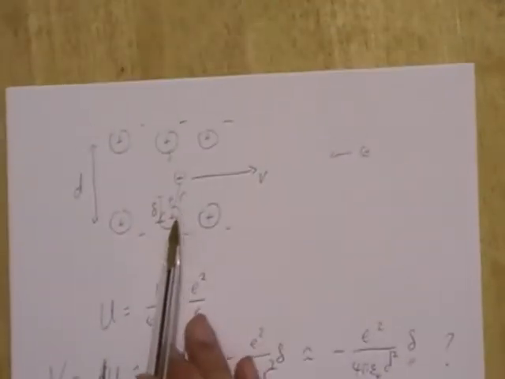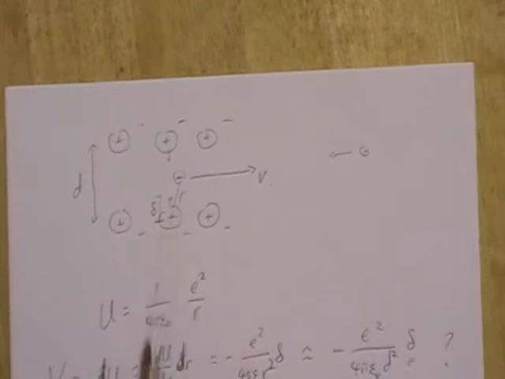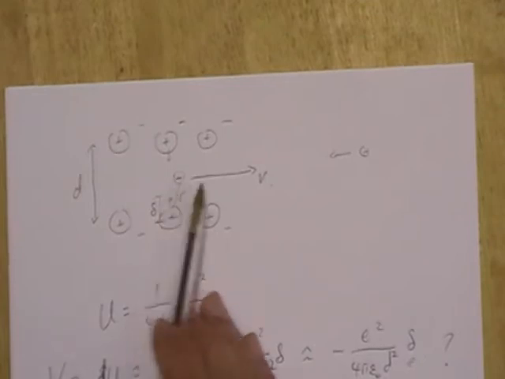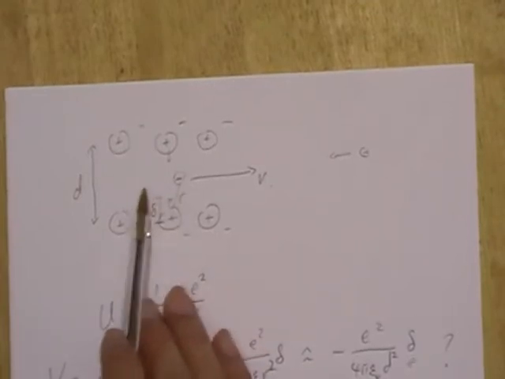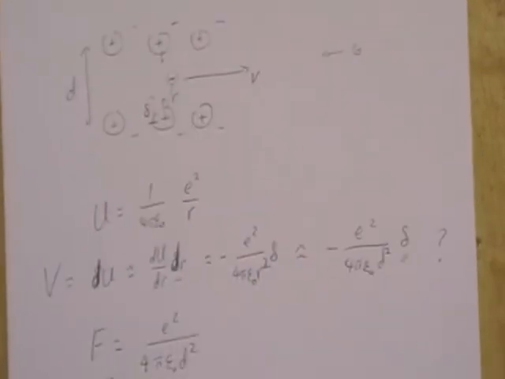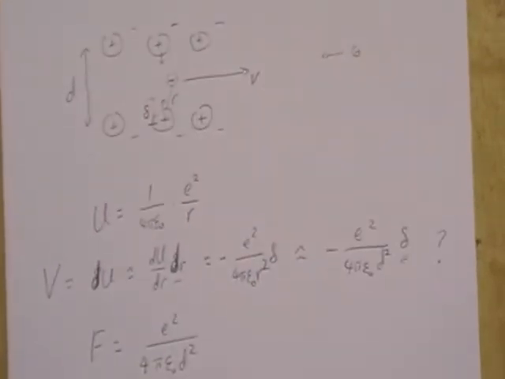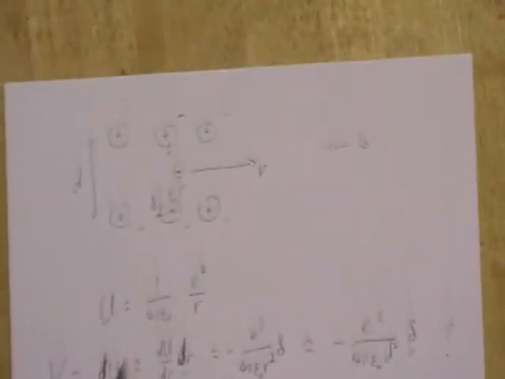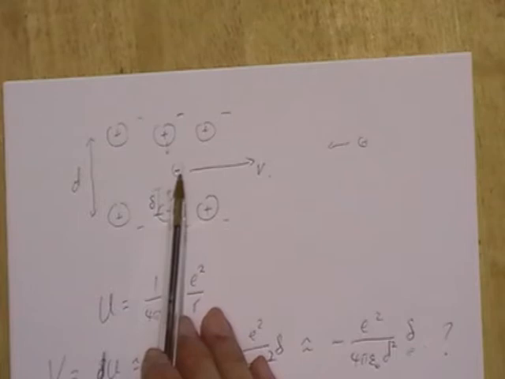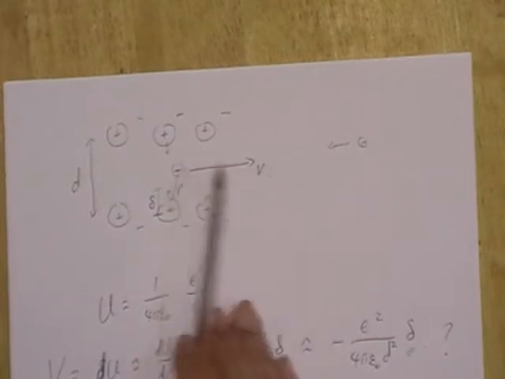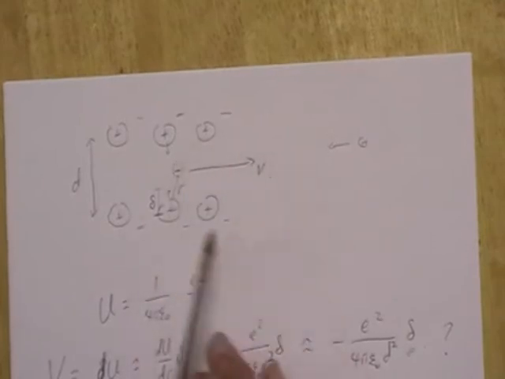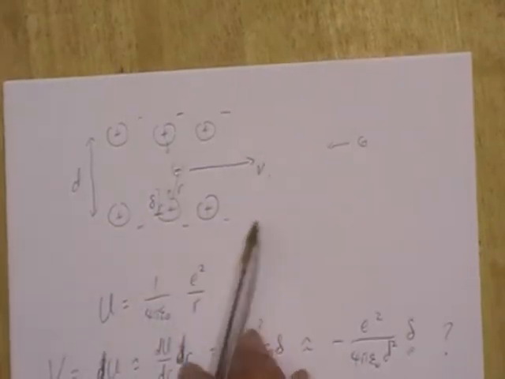Now, if we know the force, we have an estimate of the force. We can also have an estimate of the time that this force would act for. Alright, because as I said, when this electron gets further away, its attraction would be screened out by other electrons.